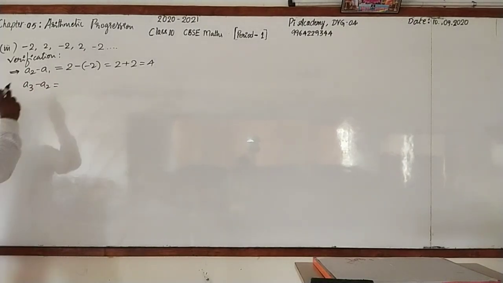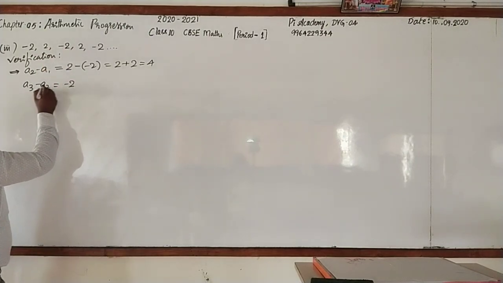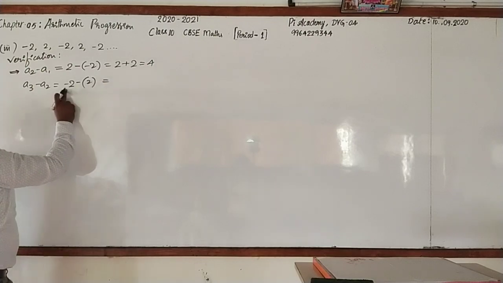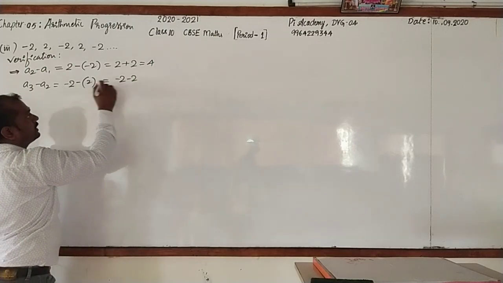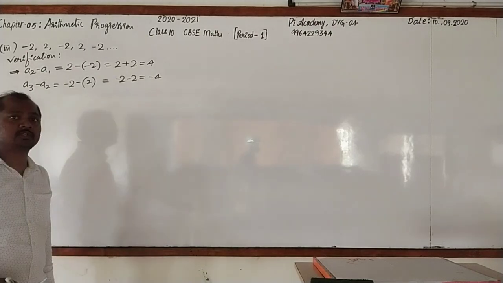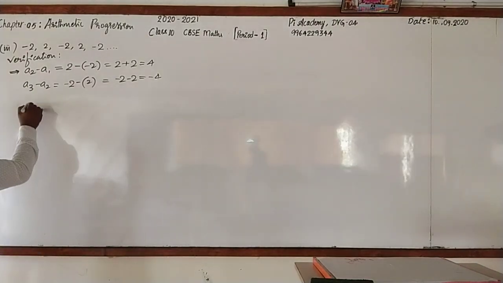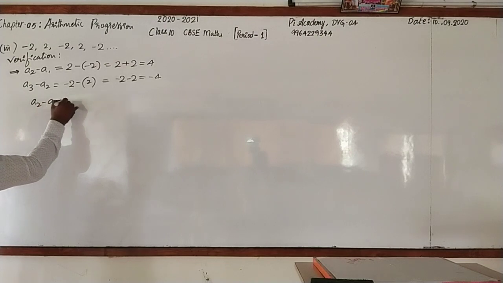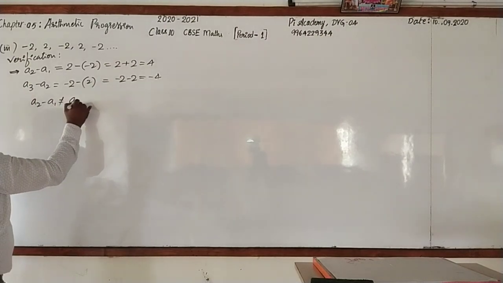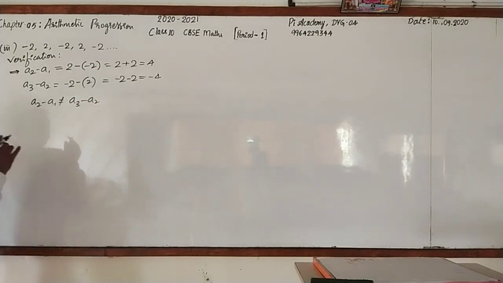Next, A3 minus A2. A3 is minus 2, minus A2 which is 2. It is equal to minus 2 minus 2, minus 4. Whether 4 is equal to minus 4? Never. We can write A2 minus A1 is equal to 4 but not equal to minus 4, that is A3 minus A2.